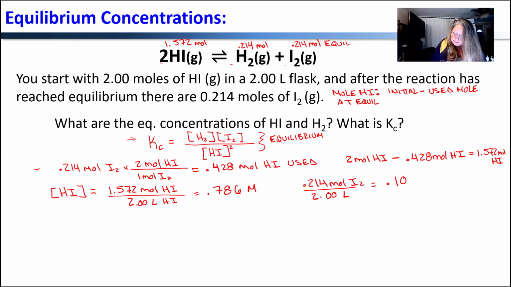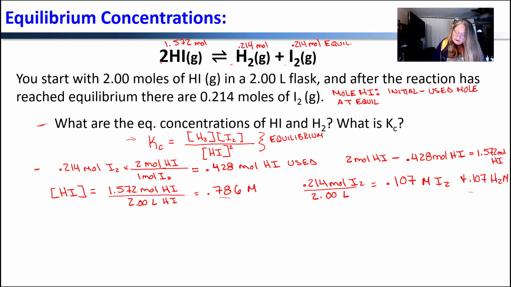I don't need a calculator. 0.0107 I do believe, though. 0.214 divided by 2. Yep. No, 0.107. Yeah, we're good. 0.107 molar I2 and 0.107 molar H2. That's molar. Okay, so what do I have? They wanted the equilibrium concentrations for HI and H2. I have that here and here.